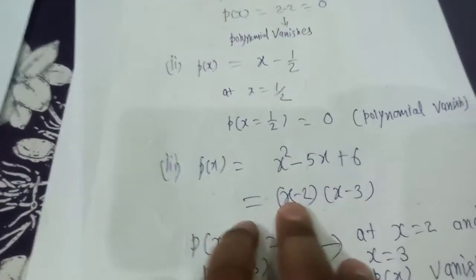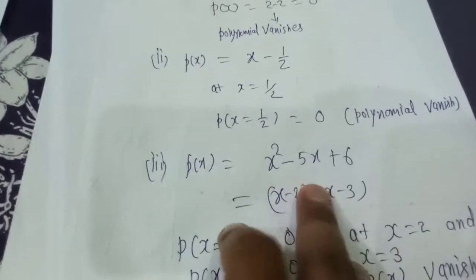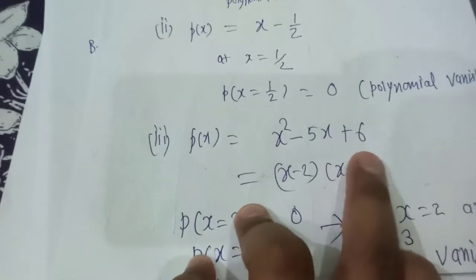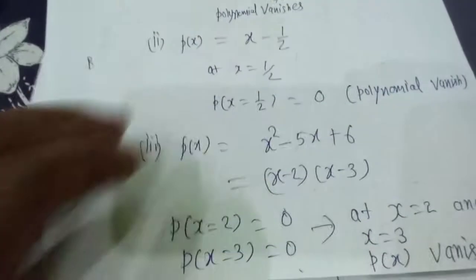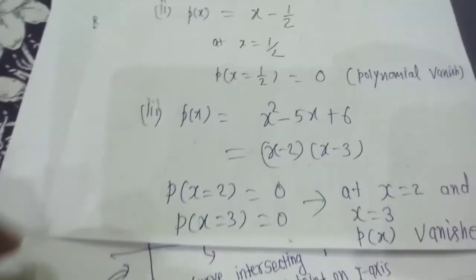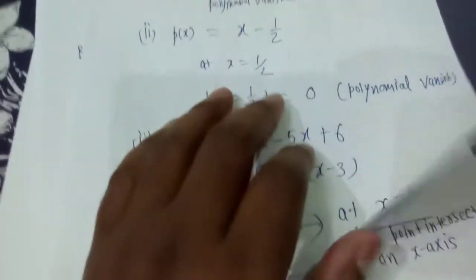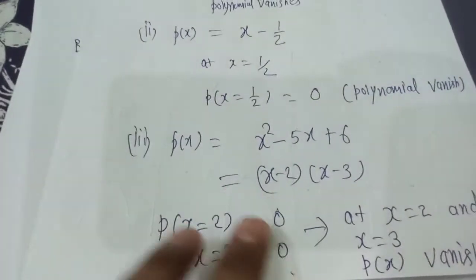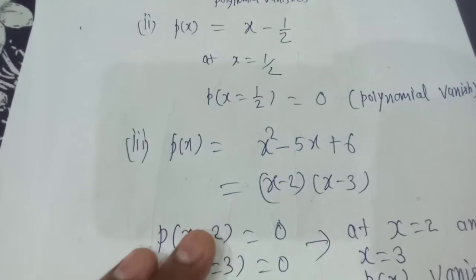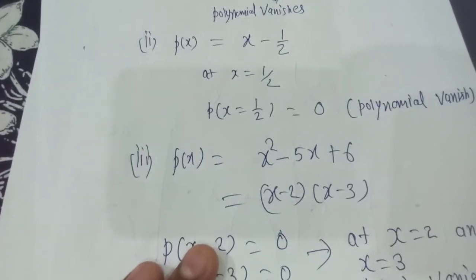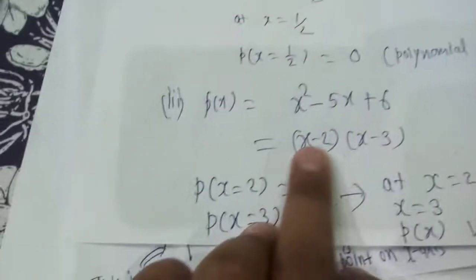So we will look into how we will decide whether it will have 2 zeros, no zero, or only 1 zero, an identical zero.